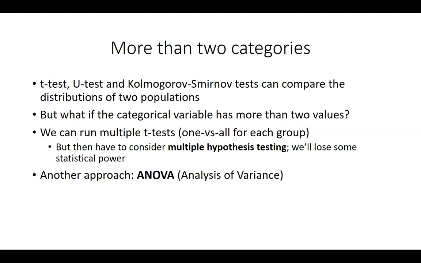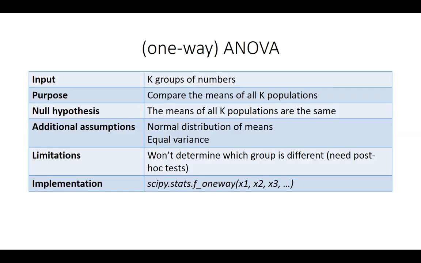So another approach is to use what is called ANOVA, which is analysis of variance. The kind of ANOVA that we are going to learn is called the one-way ANOVA, where what you get as an input is, again, now you get not just two groups, but k groups of numbers. You can get as many groups as you want.